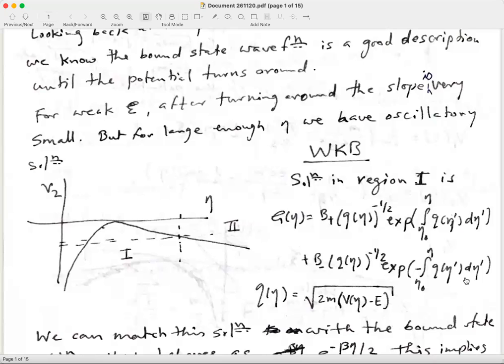That is the form. b plus and b minus are to be determined. These are just normalizations of these wave functions, and q to the minus half times the exponential of the integral of q is the typical WKB answer. The term in the exponential is the leading answer, and q to the minus half is the first correction to the leading answer in the WKB.